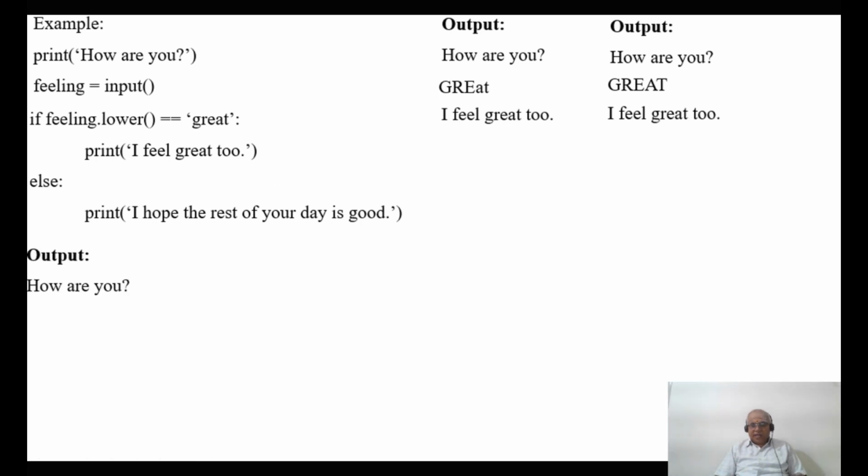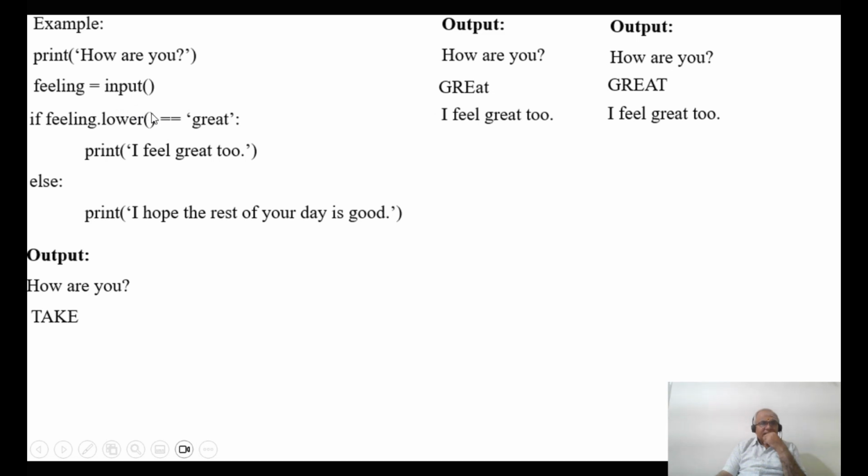Now the third time output. I want to check how this will work now. If this has to work, then this entire condition should become false. So how can I do that? I will give the input as capital TAKE, that is take. What is the value of this variable feeling? It will be capital TAKE. Now the string you have in feeling is TAKE in capital letters.